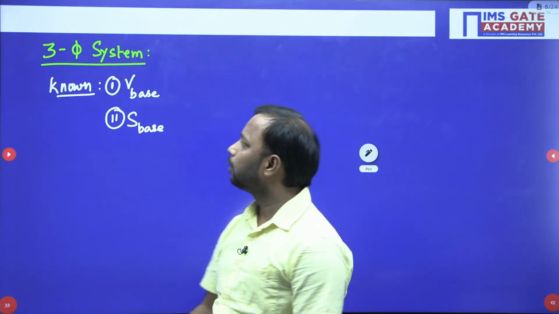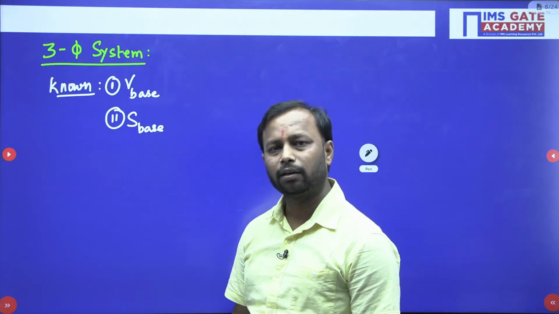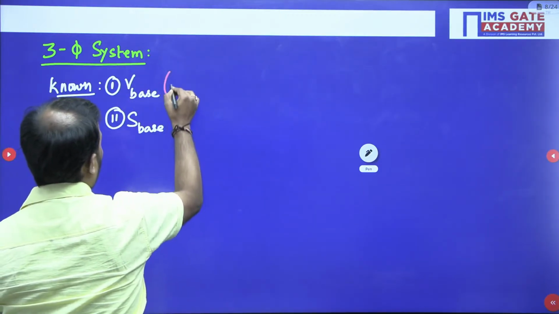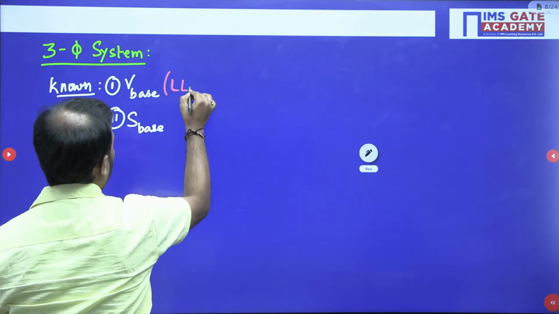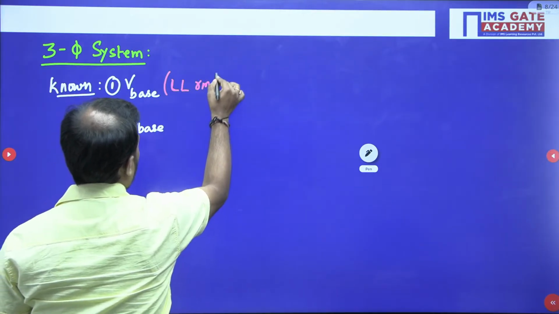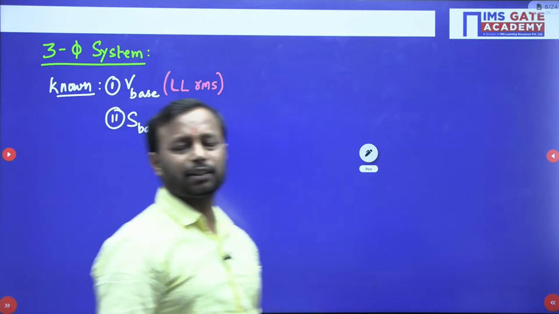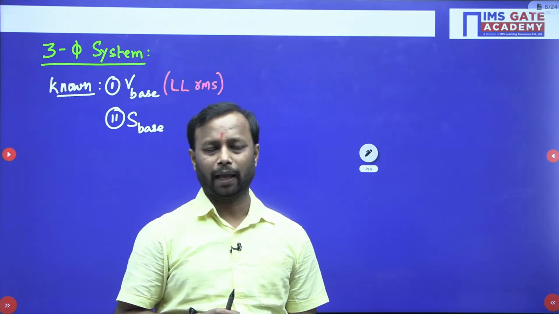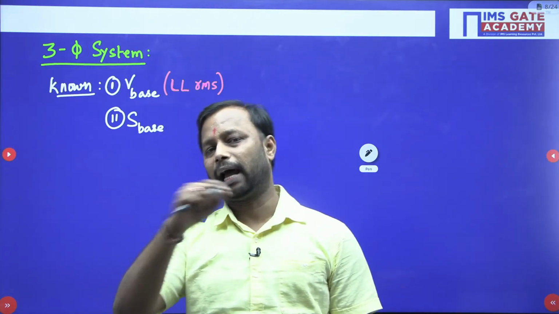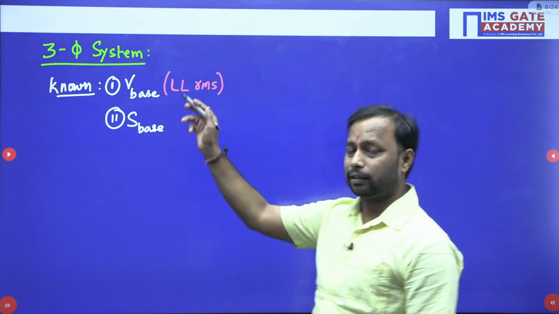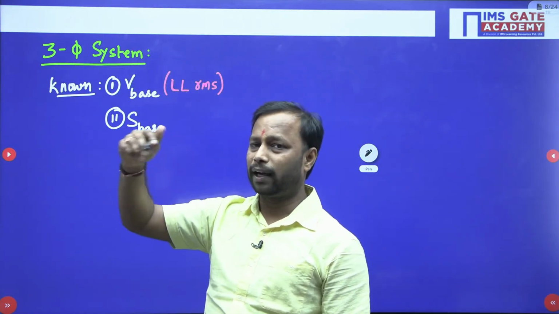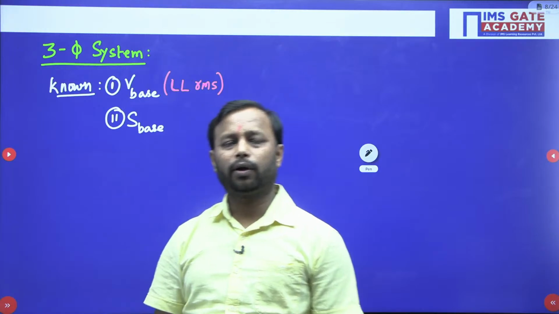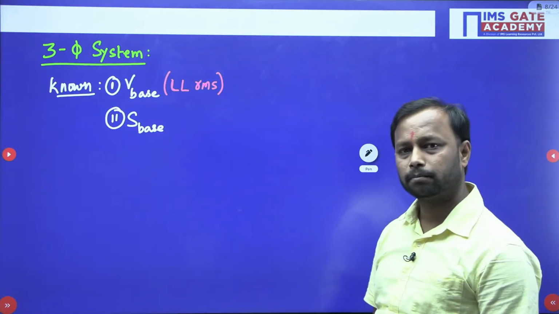Let me make it simple. The V base that we have taken here is maximum or RMS? Please do remember, this is your line to line voltage, RMS, because in a three phase system we have the phase as well as line. Right? Phase as well as line. So therefore the rating mentioned over the name plate of the electrical machine is nothing but your line to line voltage, which is RMS. Okay Ajay, is it clear?